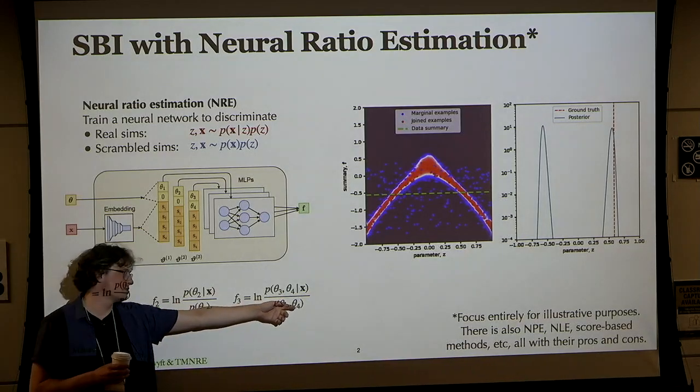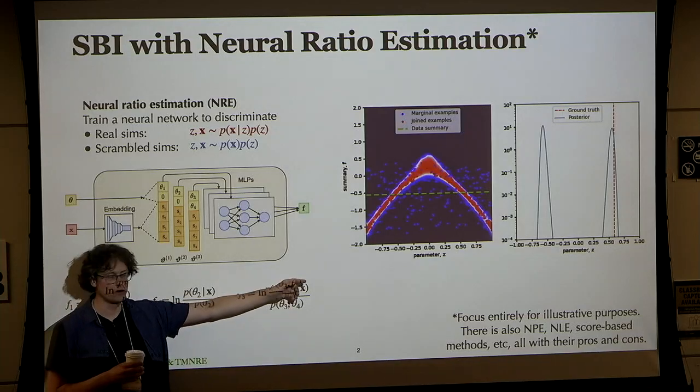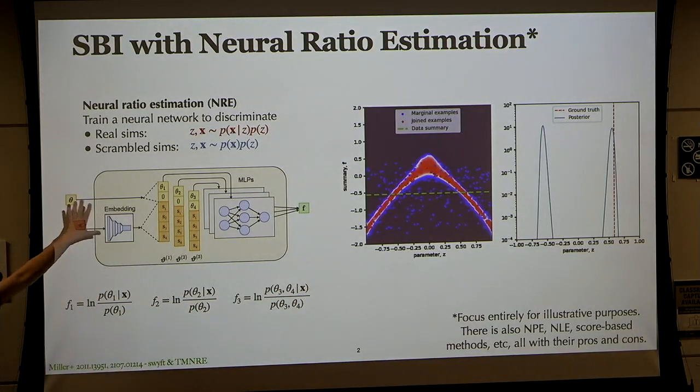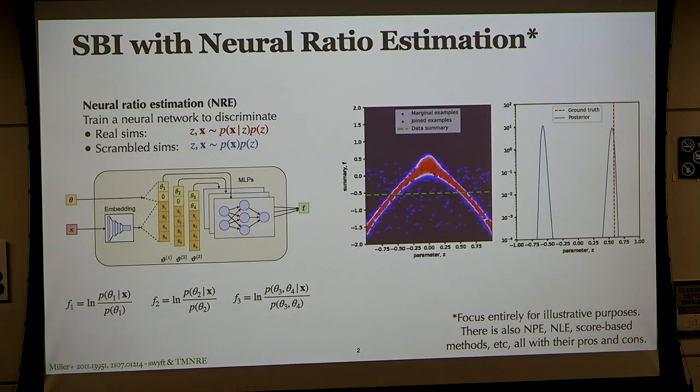And then you might be interested for some reason in the 2D correlation between parameter 3 and 4, so you can also train a network for that. So one can, in principle, efficiently split this up. You could also train just a 4-dimensional posterior, so there's a lot of flexibility in this. If you would run a Markov chain Monte Carlo, there's no flexibility like that. You just run it for the high-dimensional parameter space.